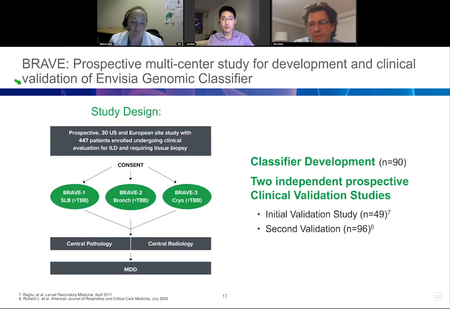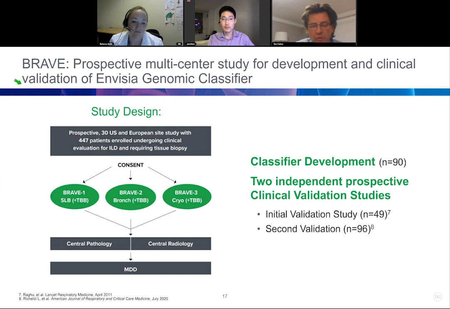So this was really brought into use through the BRAVE study, which is actually a 3-study trial, which looked at about 30 sites, including about 450 patients who were going through a biopsy for interstitial lung disease. These all were divided into ones who had surgical lung biopsy, ones who had transbronchial biopsies, and ones who had cryobiopsies.